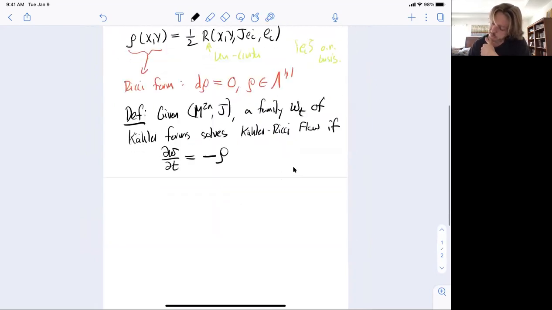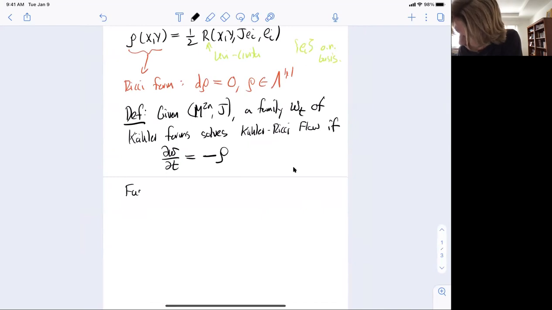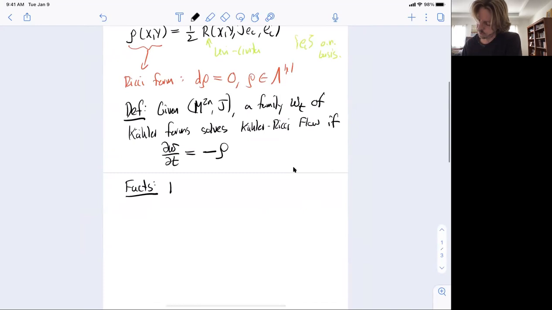And just recall some very basic facts. First, there are several ways to prove this, but this admits short time solutions.